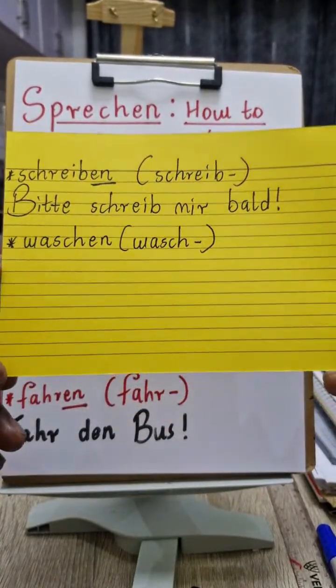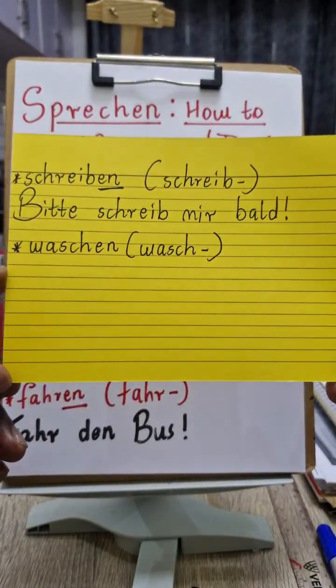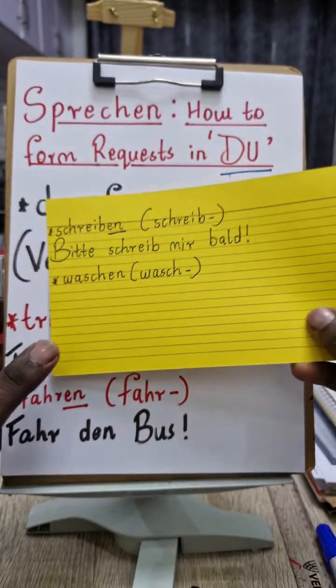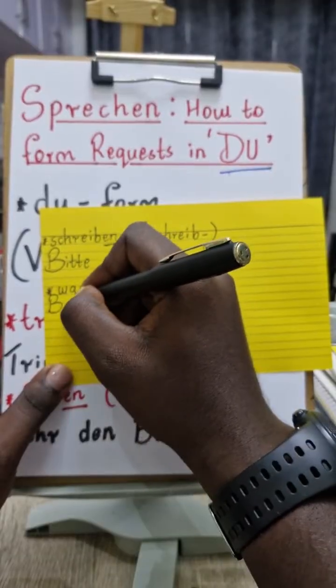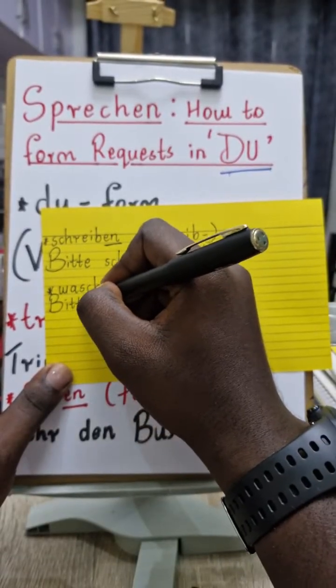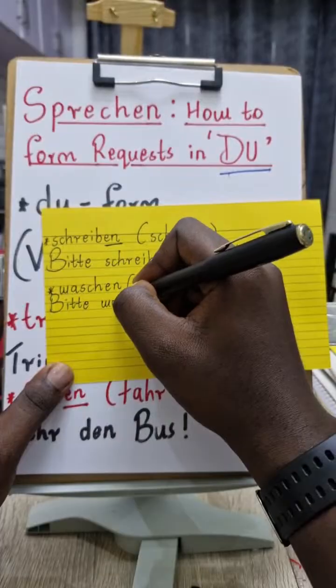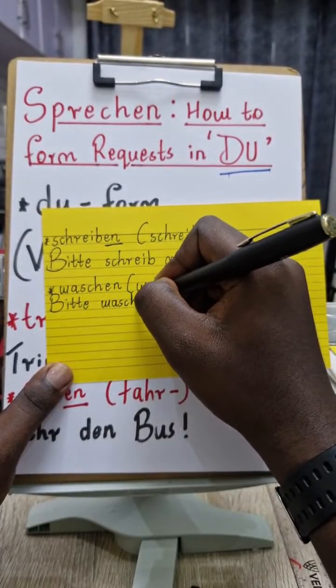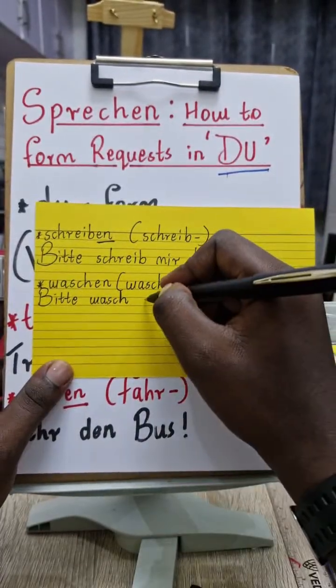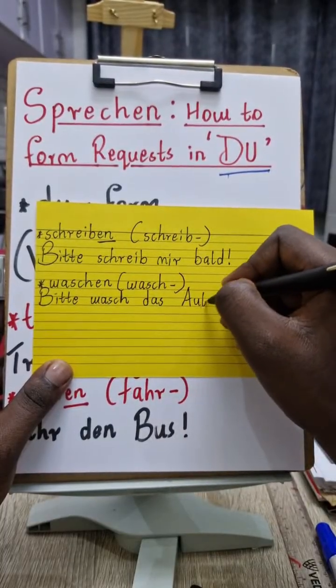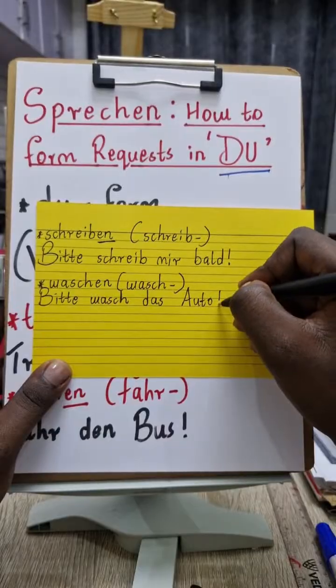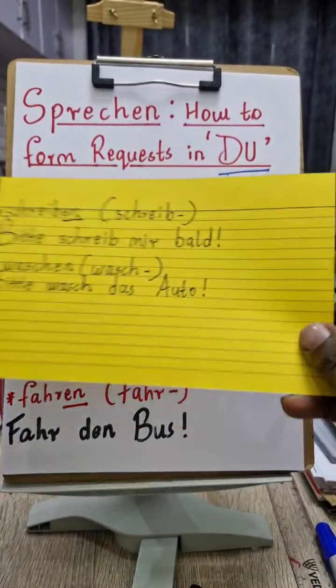So you're telling somebody, please wash the car. You would say: Bitte wasch das Auto. And remember, don't forget to mark with an exclamation mark.